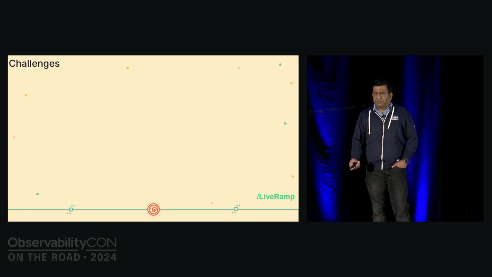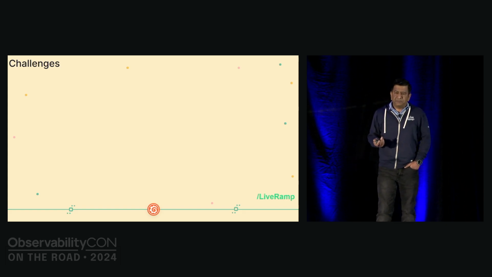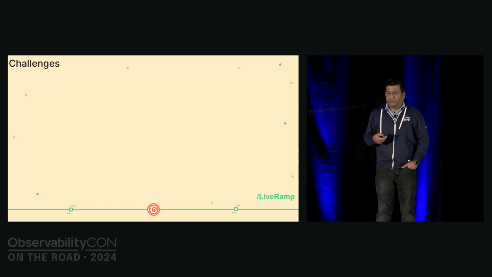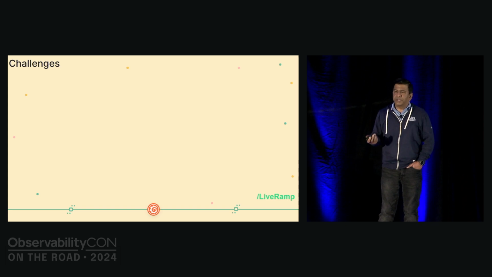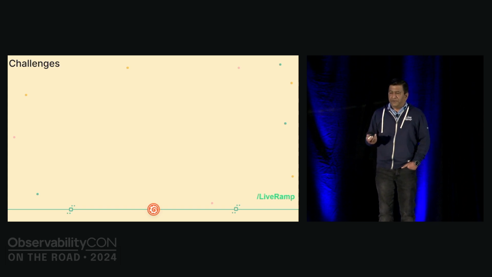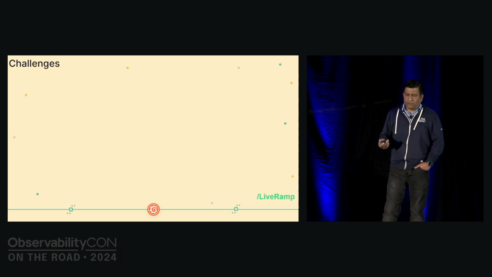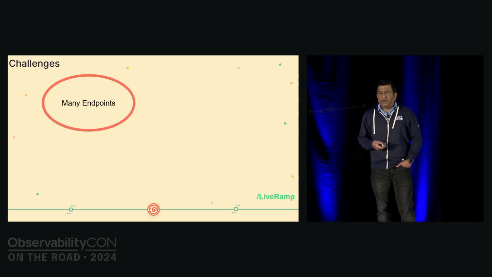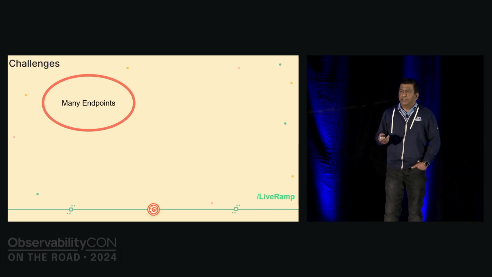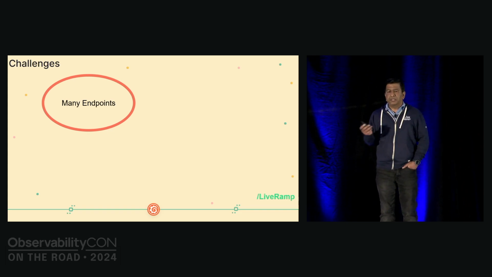So let's talk more about the challenges. When we were exploring synthetic monitoring, we identified that there are a lot of challenges for our team, and those became our requirements as well. We have a lot of teams in a lot of regions, and each team manages multiple endpoints.